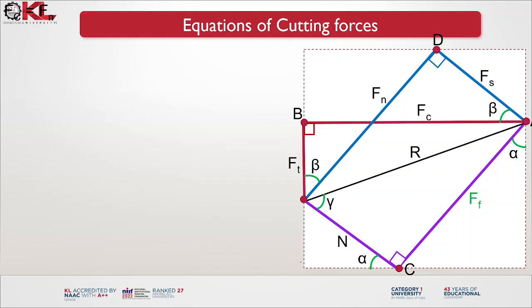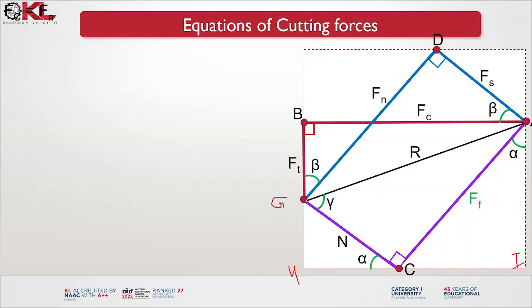Let us use this triangle, the triangle C. Now we can mark this point as G, this point as H, and this point as I.